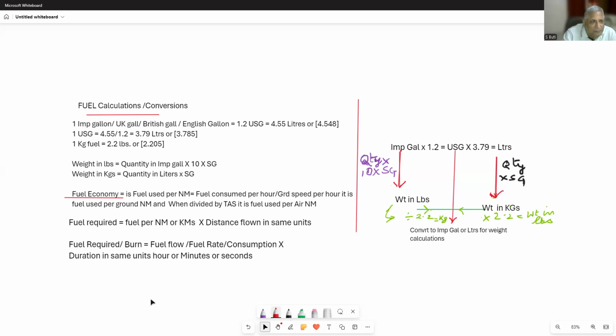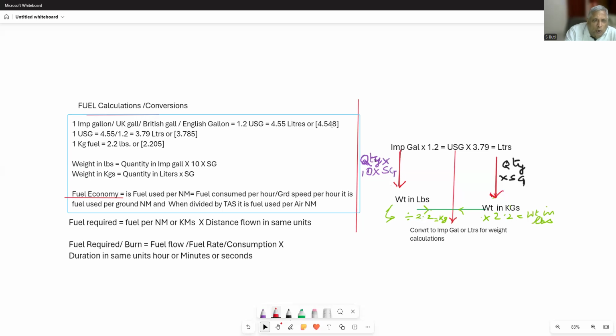Fairly simple. 1 imperial gallon or a UK gallon or a British gallon or English gallon is equal to 1.2 US gallons, also equal to 4.55 liters, or to be more precise, 4.548 liters.